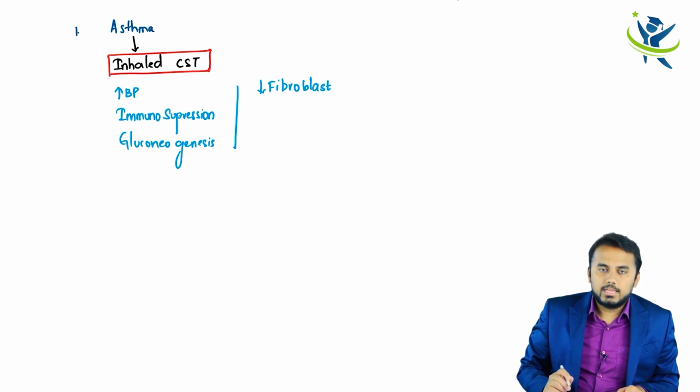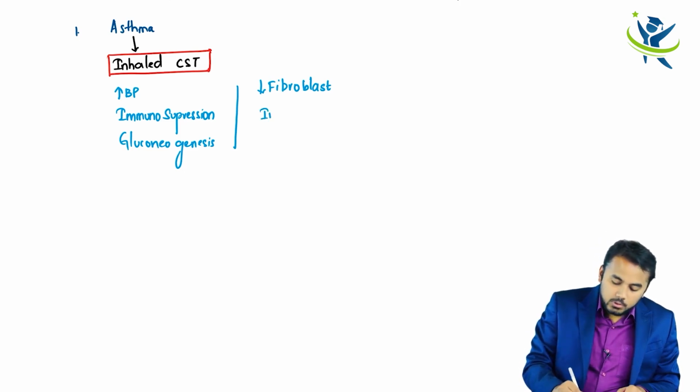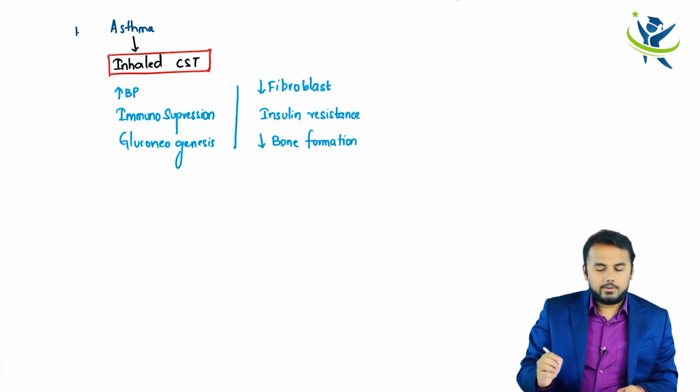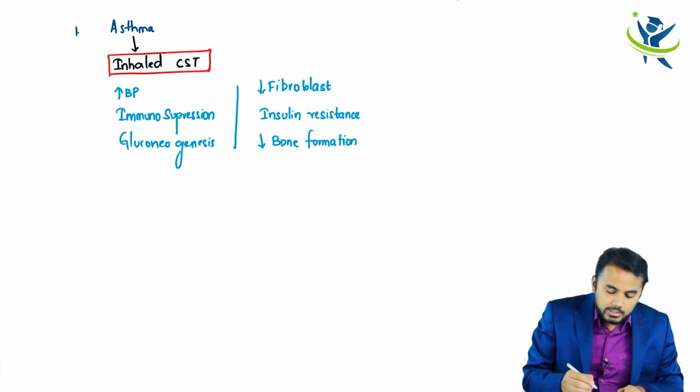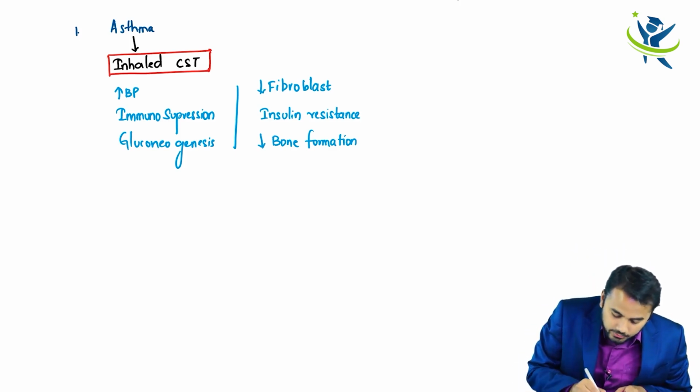Next important thing is that they are responsible for insulin resistance. And finally, they decrease the bone formation. So these are the important functions of corticosteroids. Now how do I remember this?